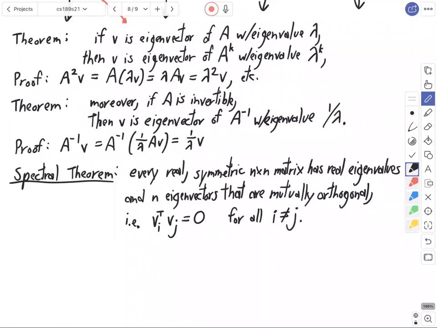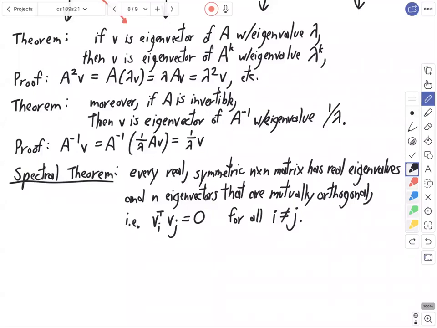So when that happens, we just arbitrarily pick two vectors in that plane that are orthogonal to each other. That way we get what we desire, which is n eigenvectors that are mutually orthogonal, and that set always exists. Even if there's an infinite number of eigenvectors, we want that finite set that is mutually orthogonal.